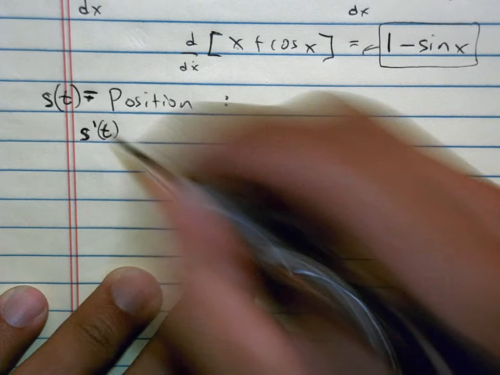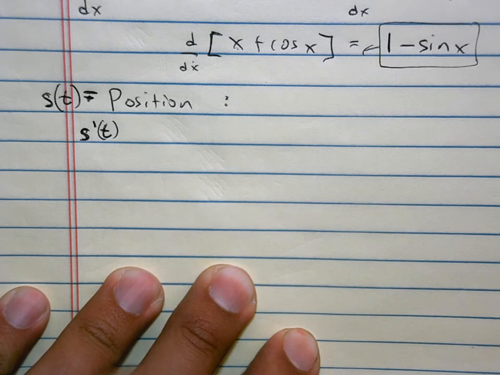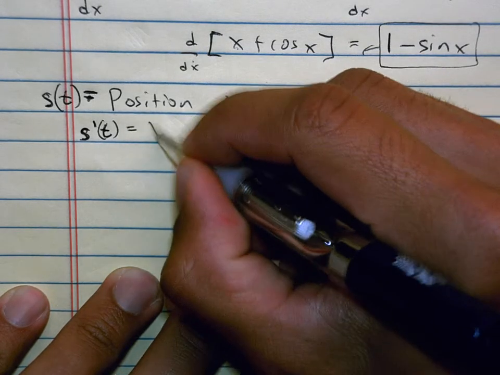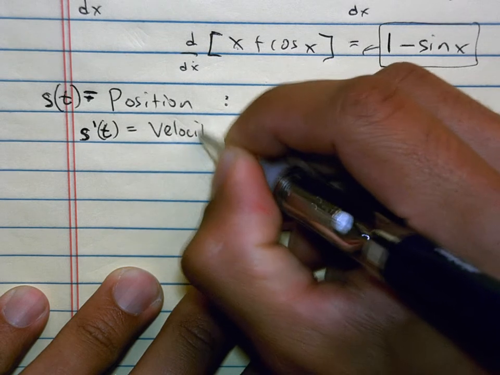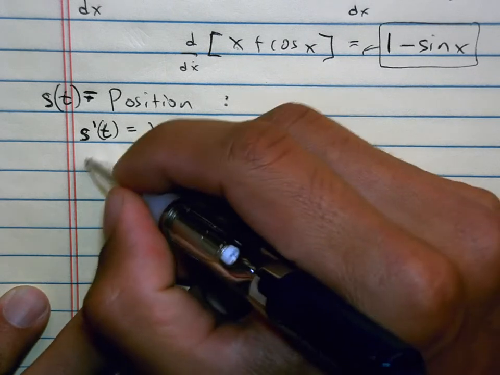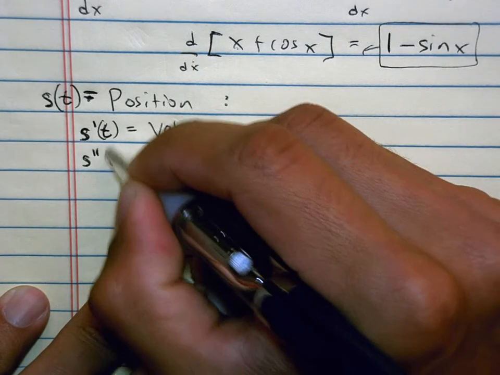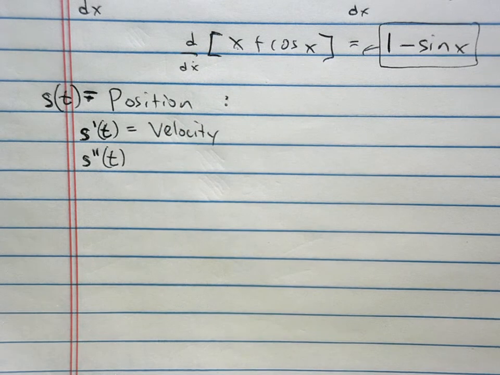S of t is position. S prime of t, the derivative of position, is velocity. You haven't learned this yet, but you will. The second derivative, which means the derivative of the derivative, is acceleration.